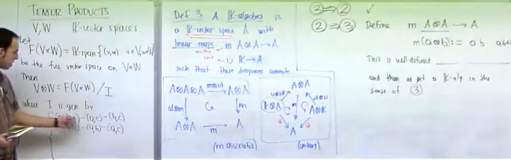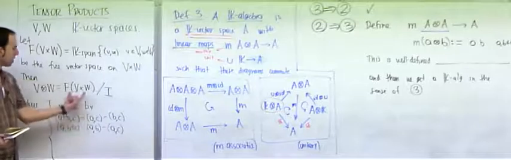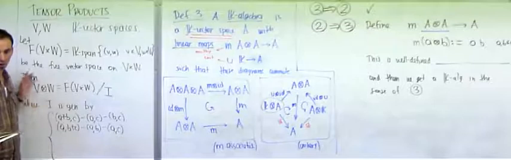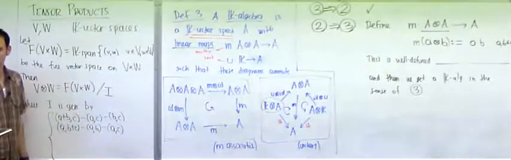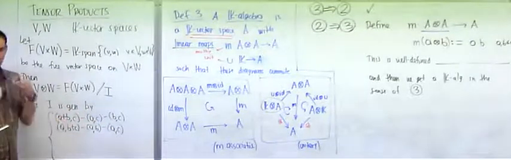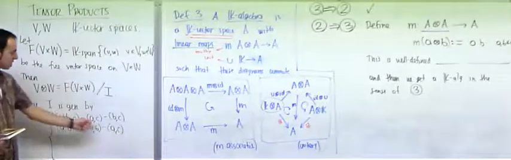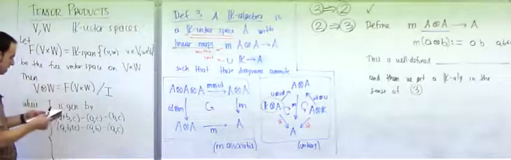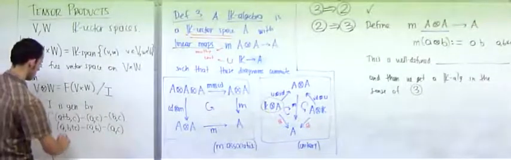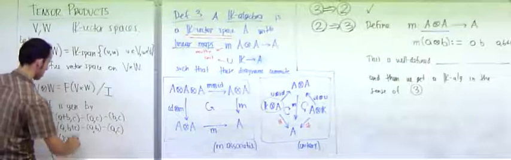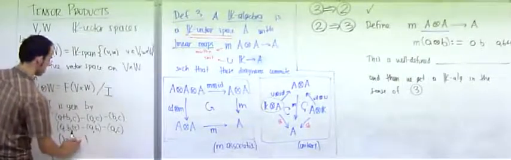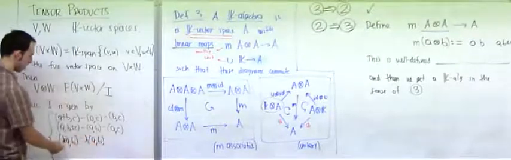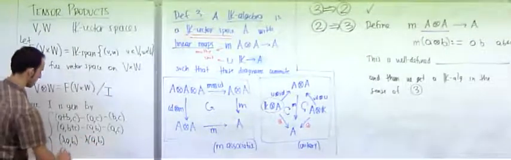So I'm saying these are elements of this vector space, and I'm looking at the ideal generated by them, and I'm going to mod out by that ideal. Right? And so what I'm going to have is I'm going to basically introduce the relations that (A plus B, C) is equal to (A, C) plus (B, C), etc. You can pull out constants in either place.